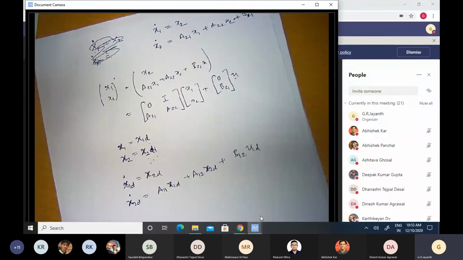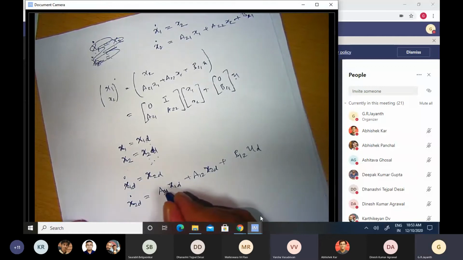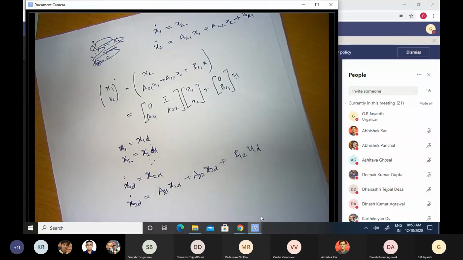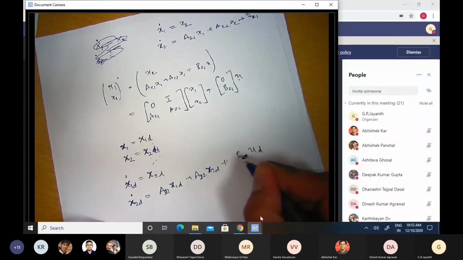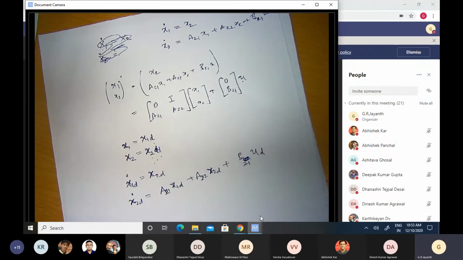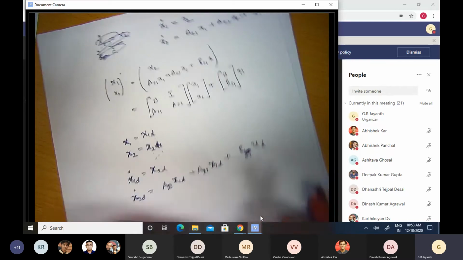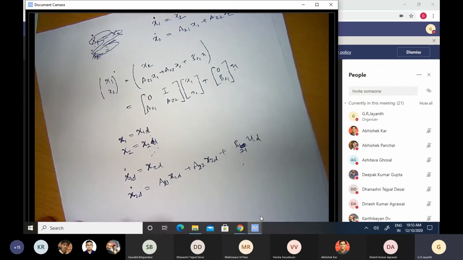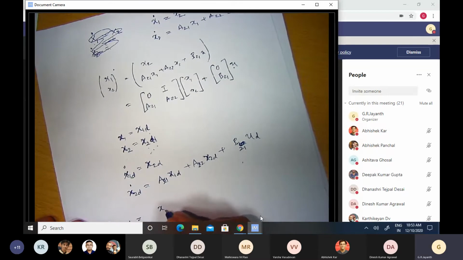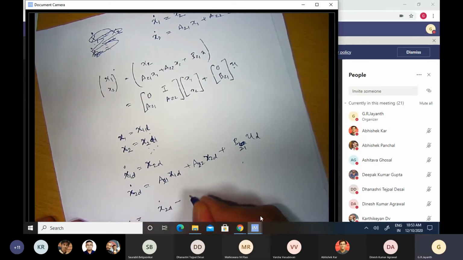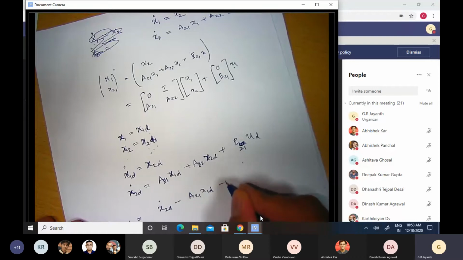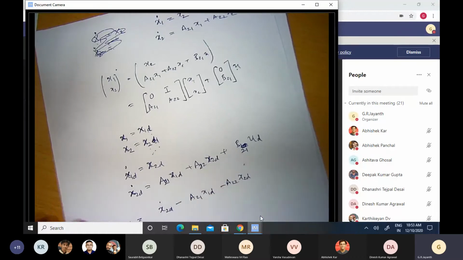So as a first guess, the input I have to apply should satisfy b21 ud equal to x2d dot minus a21 x1d minus a22 x2d.